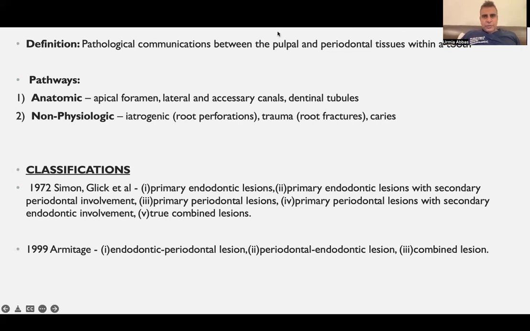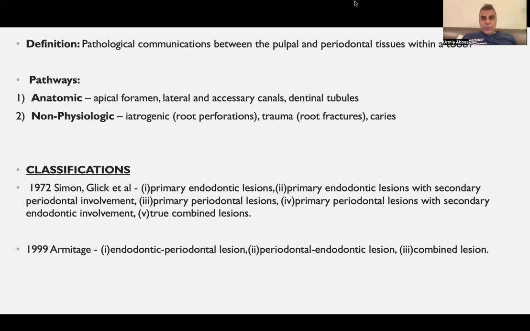So all of this can create a communication which is pathological. This is how both the pulp and the periodontium can communicate.